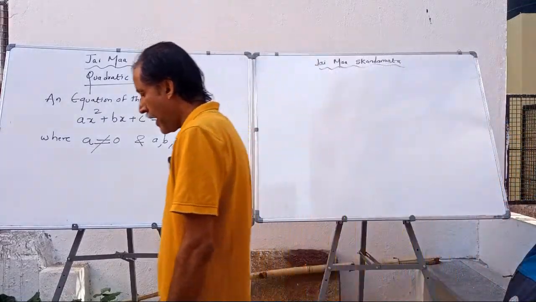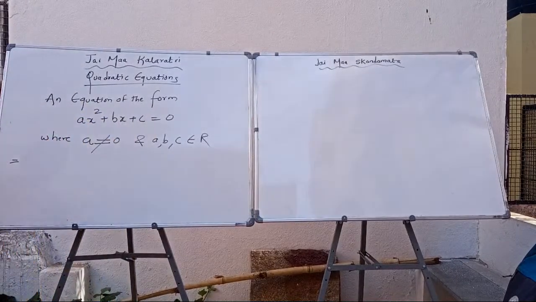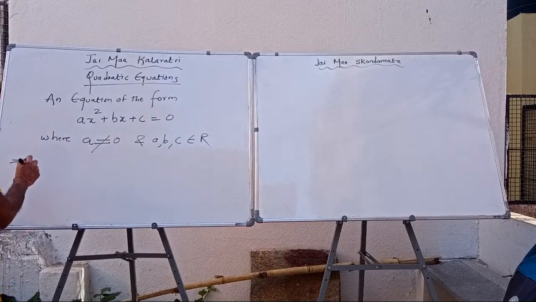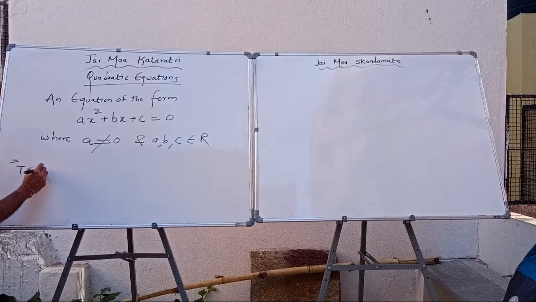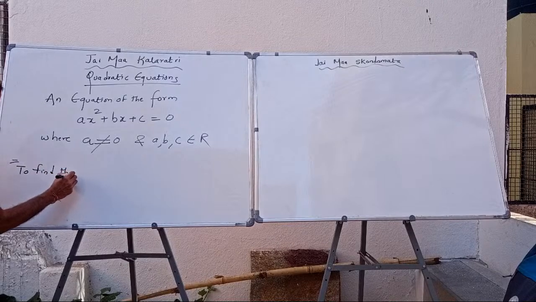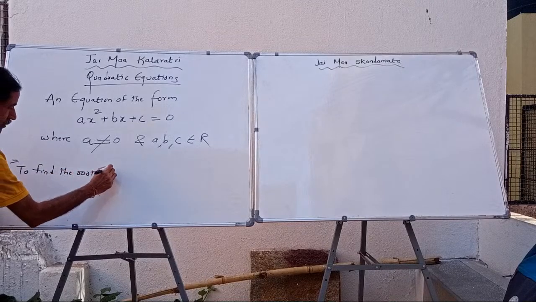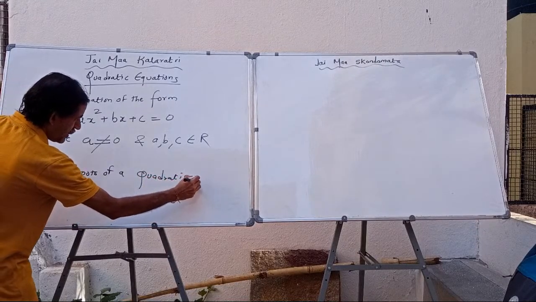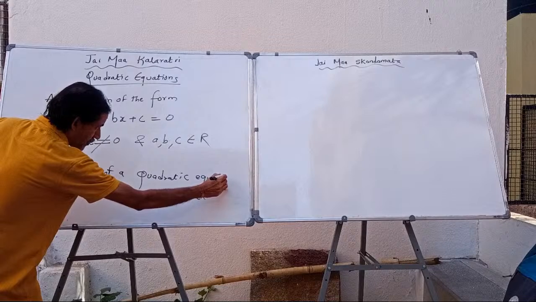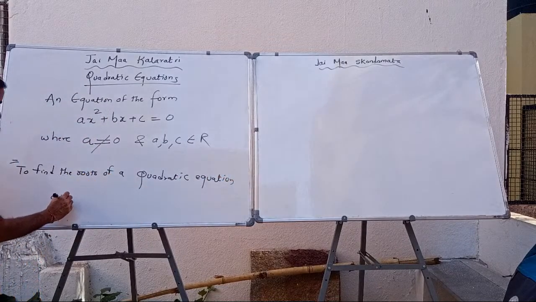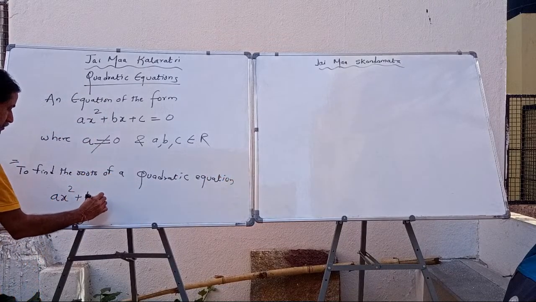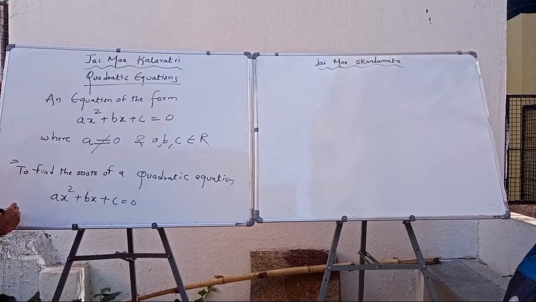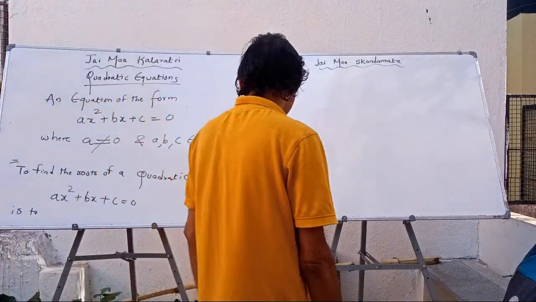So typically they'll ask you to find the roots of the quadratic equation. To find the roots of a quadratic equation ax square plus bx plus c is equal to 0, what are you supposed to find?